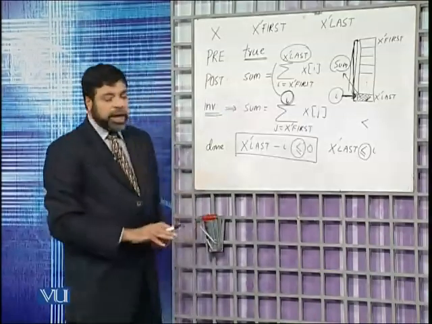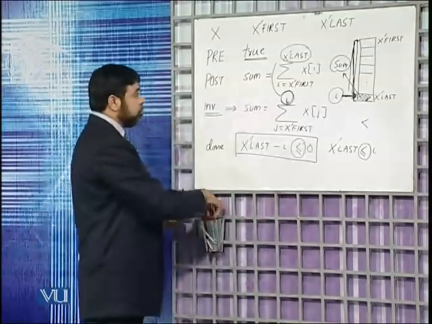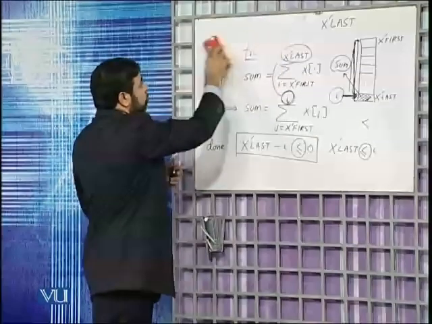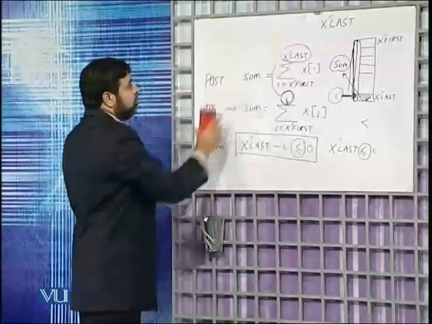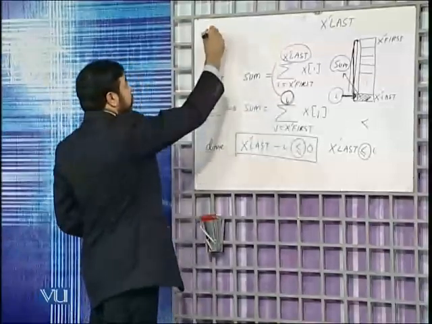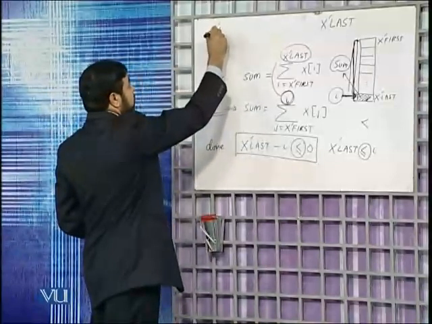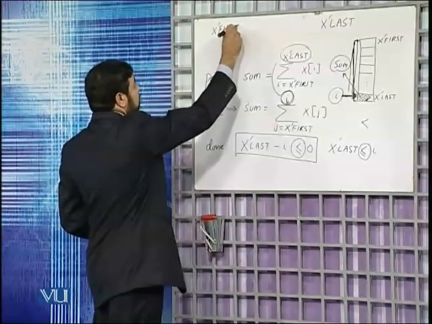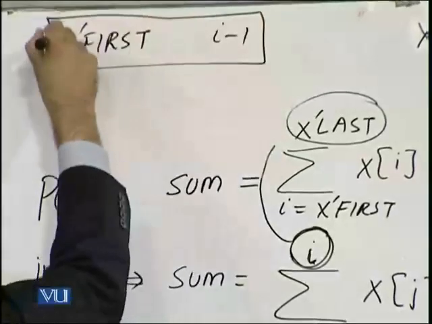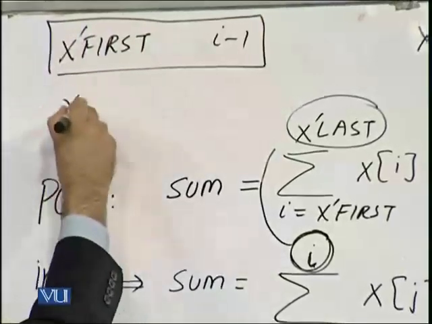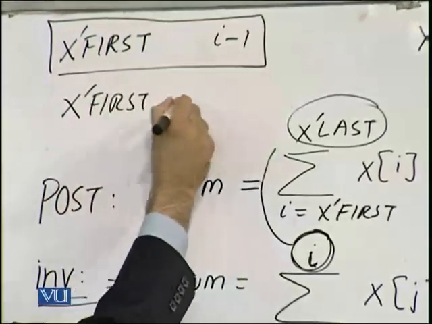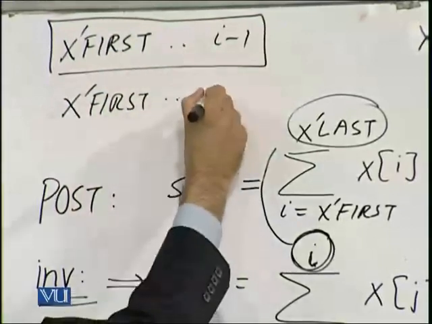I have either the array which is from x first to I minus 1, or the second case is I have either x first to I.